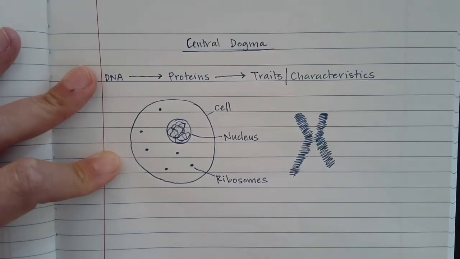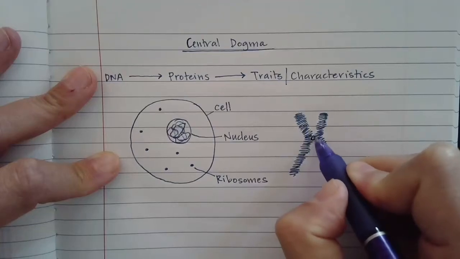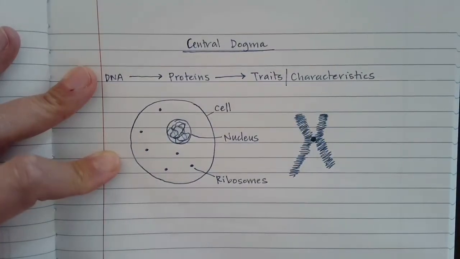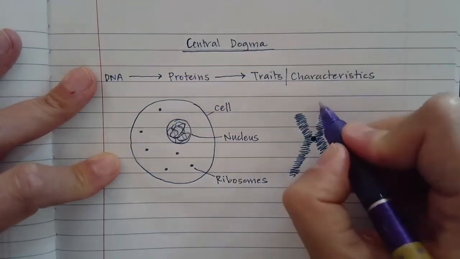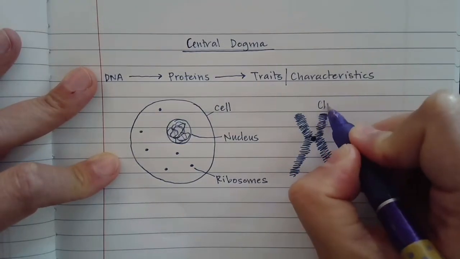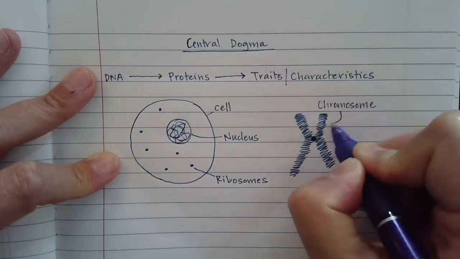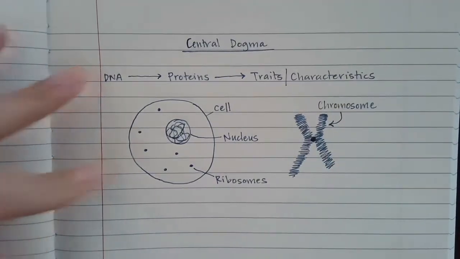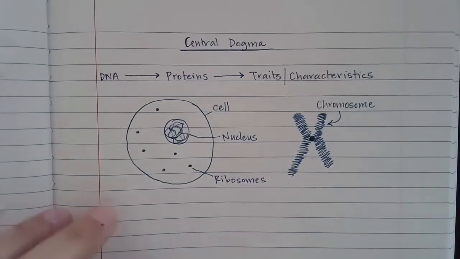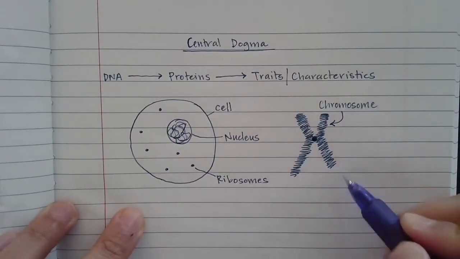These are identical, and in the center you have your centromere. This is kind of what we're used to seeing as chromosomes. So the chromosome is the whole strand of DNA.